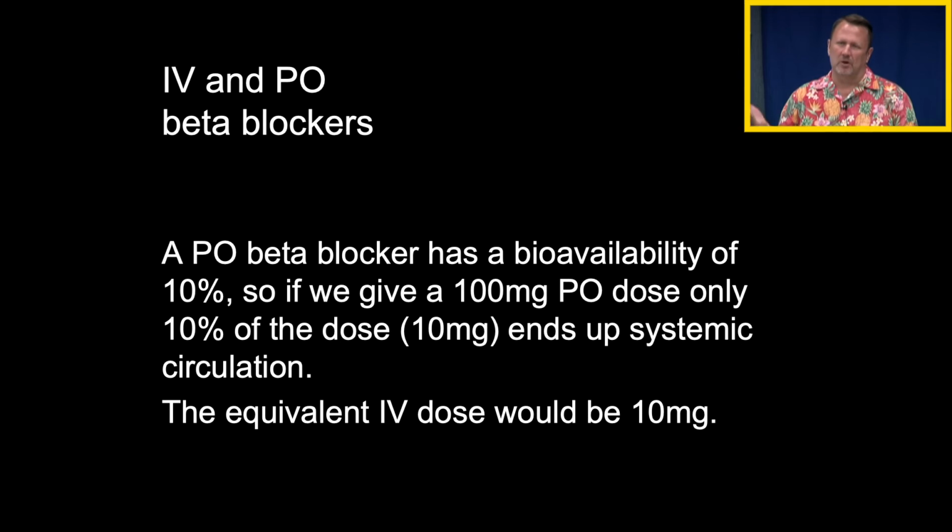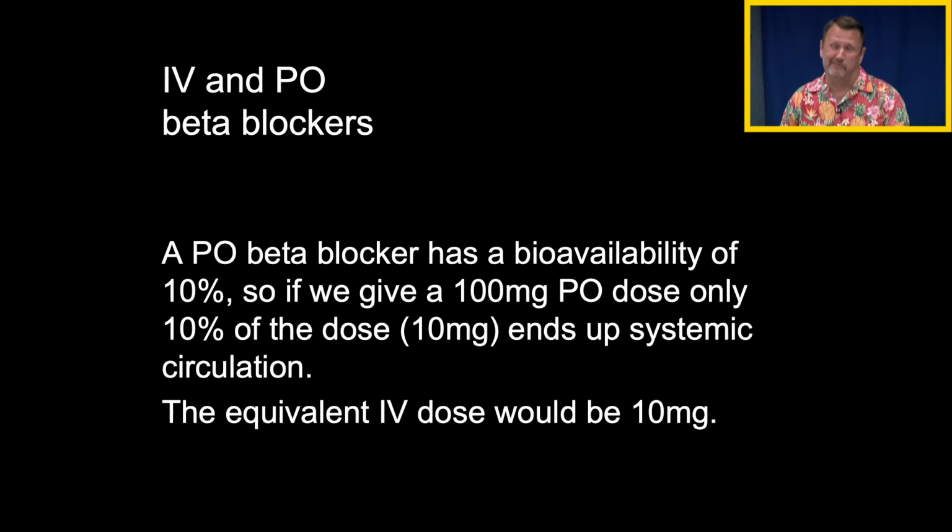So we give a 100 milligram dose of the drug, and only 10% of that is going to be bioavailable. That means only 10 milligrams ends up in systemic circulation. So the equivalent IV dose would be 10 milligrams.